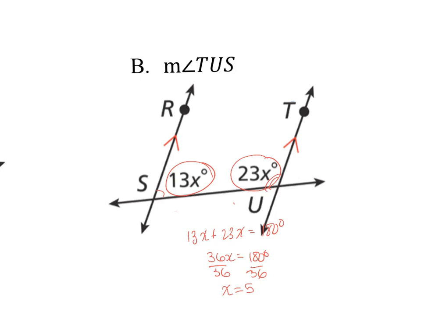In this case, we need to plug it back in to find the measure of angle TUS. TUS is 23x, so 23 times 5. So the measure of angle TUS is equal to 115 degrees.